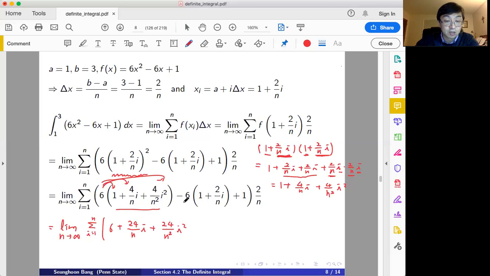Next, you can distribute negative 6 to the 1 and 2 over n i. This is negative 6 minus 12 over n i. You can keep plus 1, times 2 over n, and calculate.